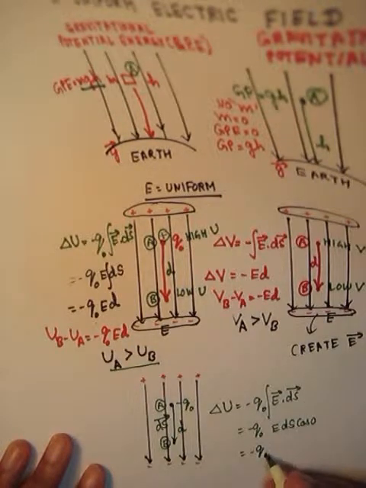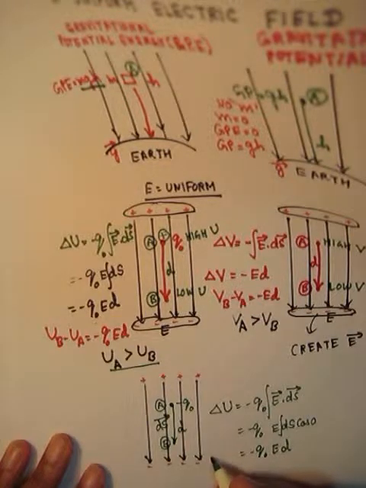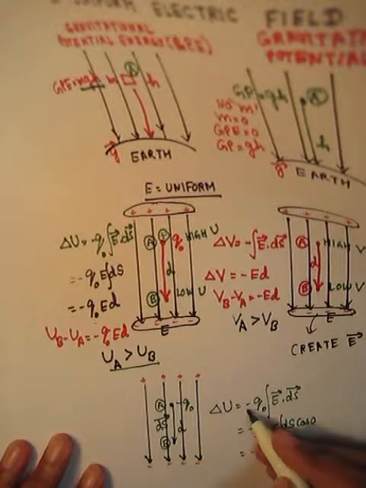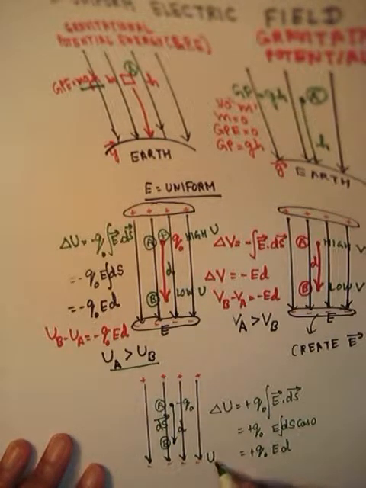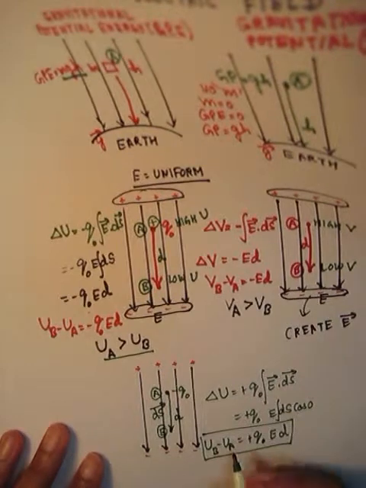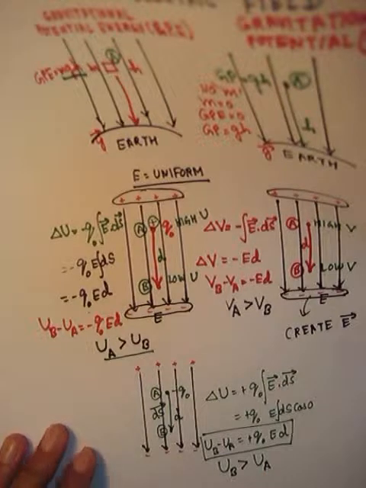So it will be minus q0 E d. But the charge is minus q0, so this turns out to be plus q0 Ed. So UB minus UA is equal to plus q0 Ed, which means that the potential energy at B is greater than the potential energy at A.